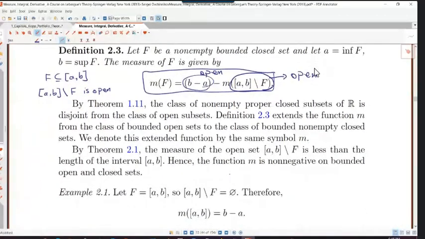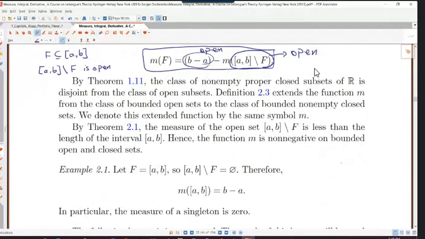Doctor, what is the definition of a closed set? Okay, let me explain.